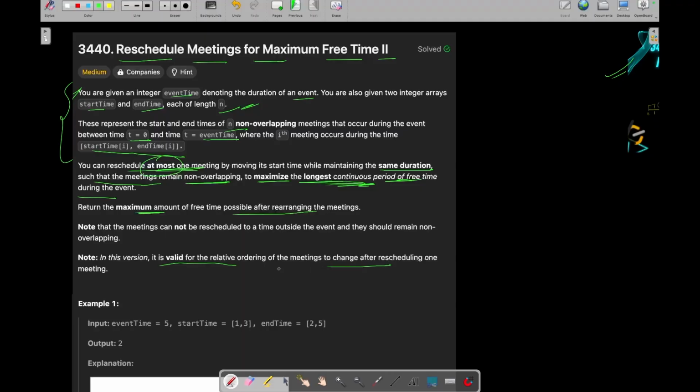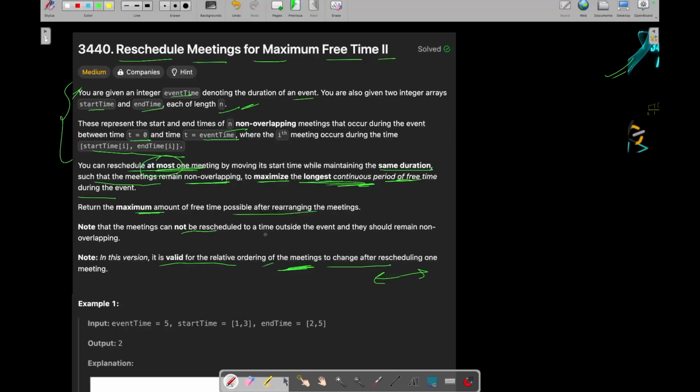In the previous one we could not change the relative order of meetings. We could only slide the meetings. We could not change their order. But in this question we can also change the relative order of the meetings.